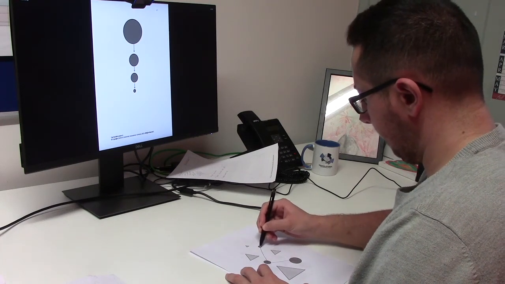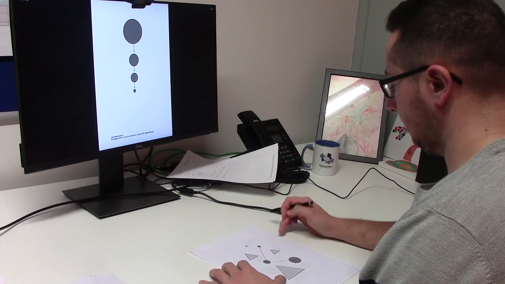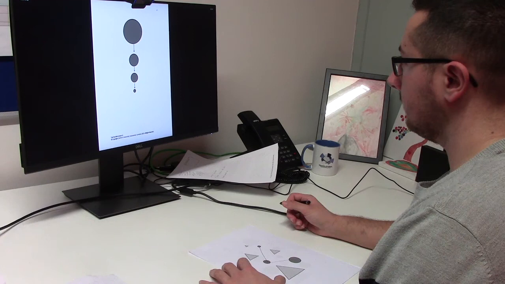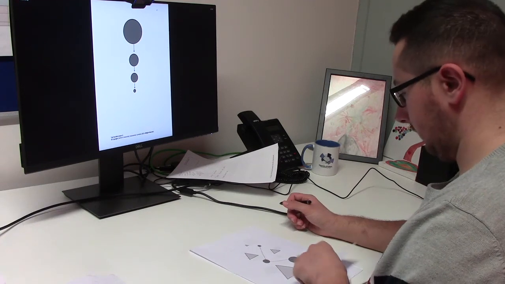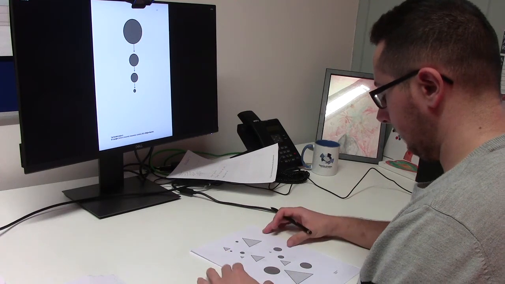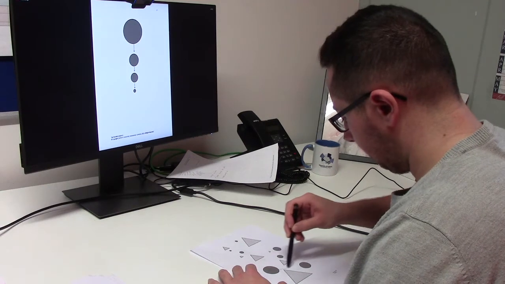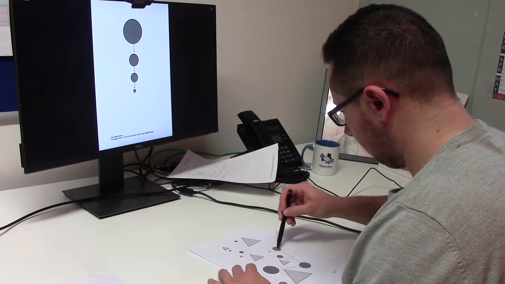So next and next, indeed. Great. So if you keep your angle down and just turn over the page and do exactly the same again. So just the circles, large to small. Try and connect them, yeah.